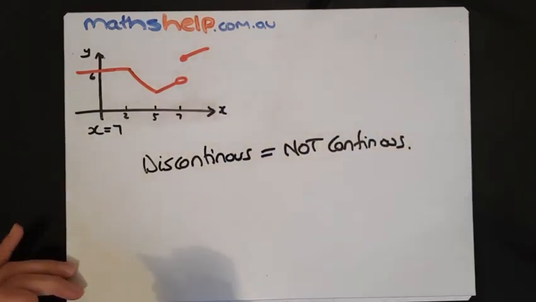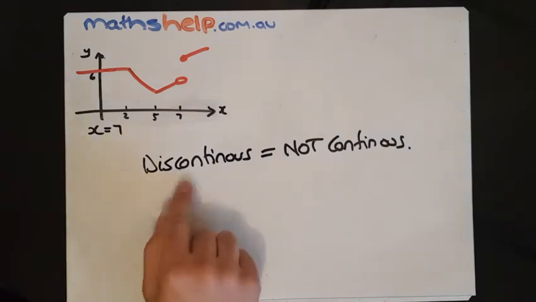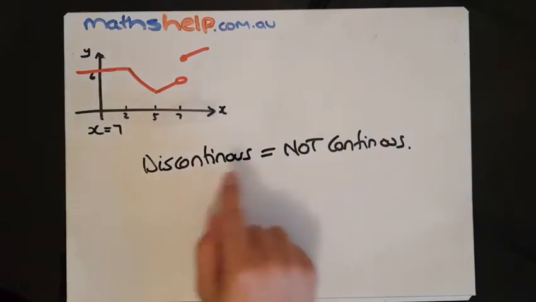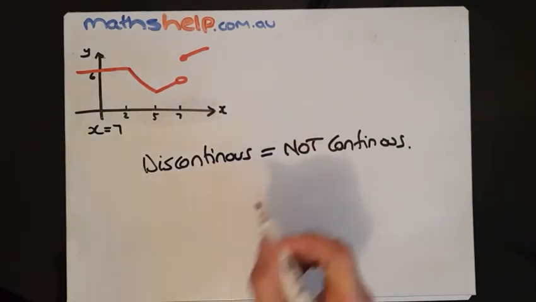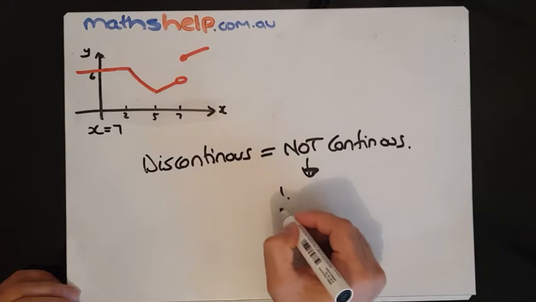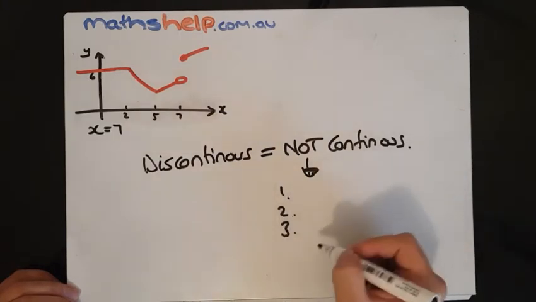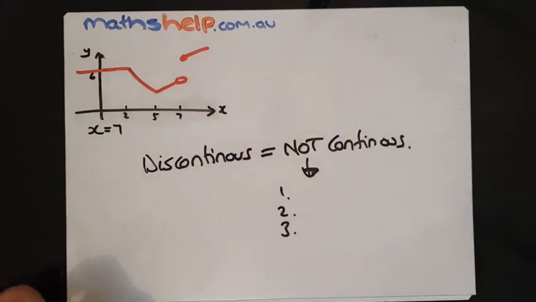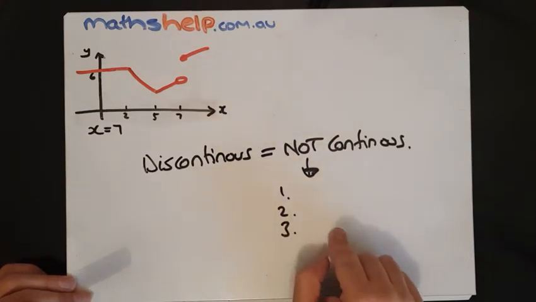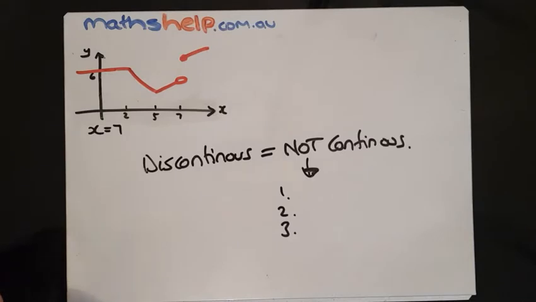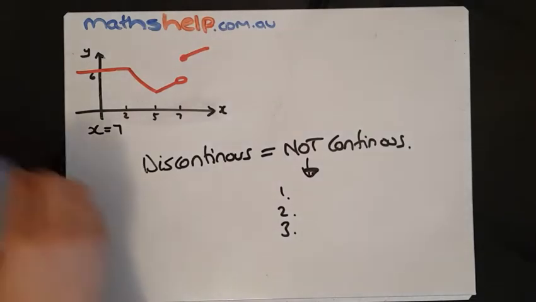That's all it means. So to show that it's discontinuous, we have to show that it's not continuous. There are 3 conditions that the graph has to satisfy to be continuous, and if it fails any of them, then we know the graph is not continuous.